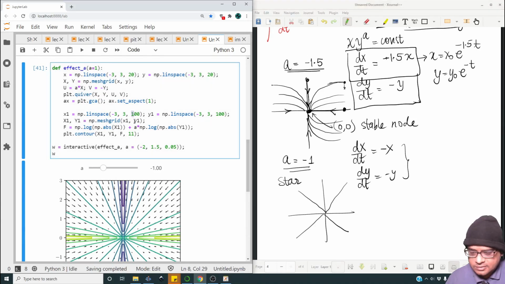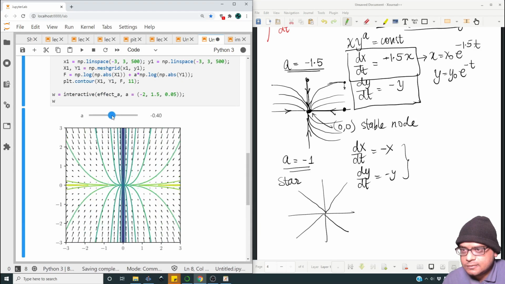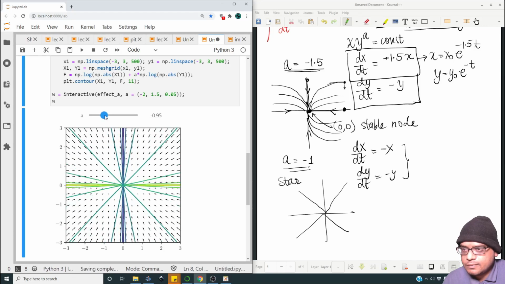Let me increase this to 500. Let us see if that makes things better. Yeah, that makes things slightly more aesthetically good. I mean, you can change all this by selecting certain levels of contours, but I'm not going to do that right now.